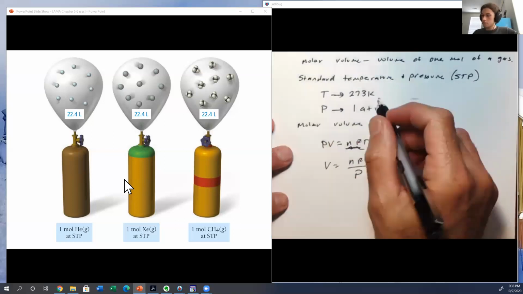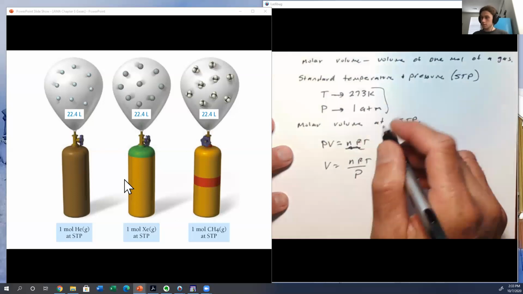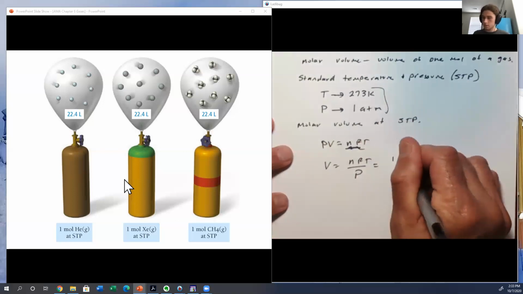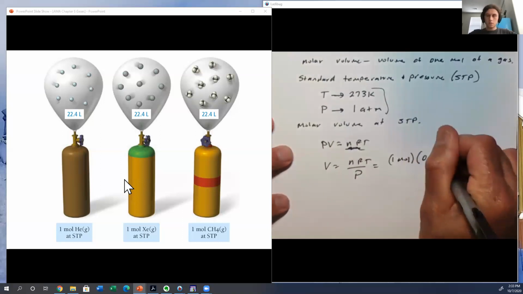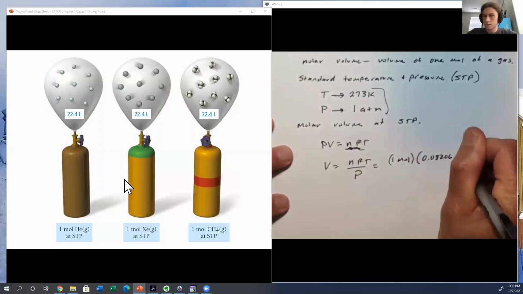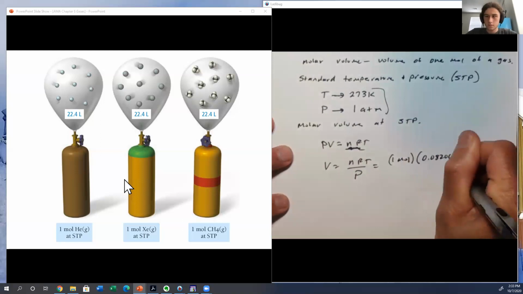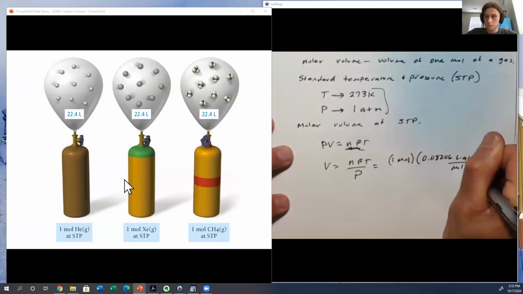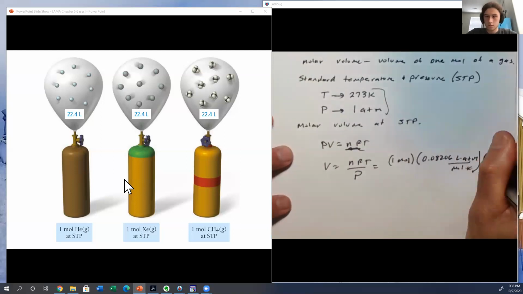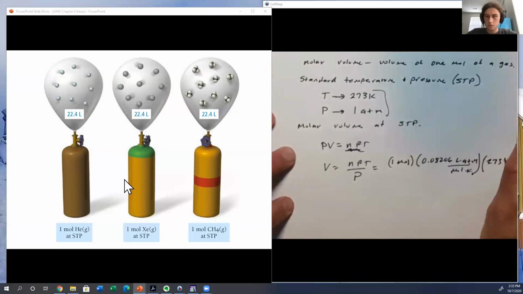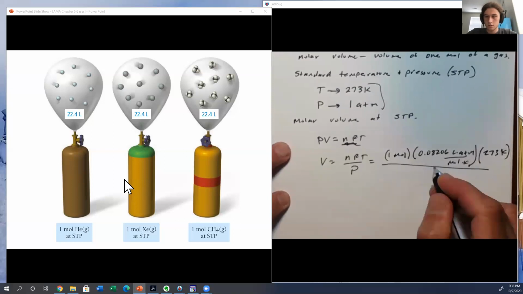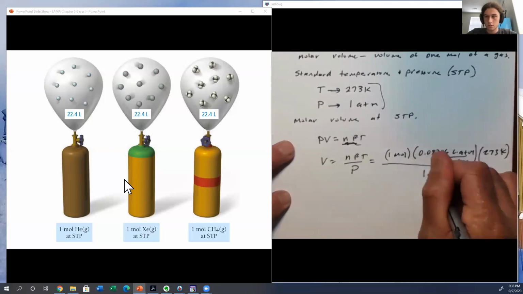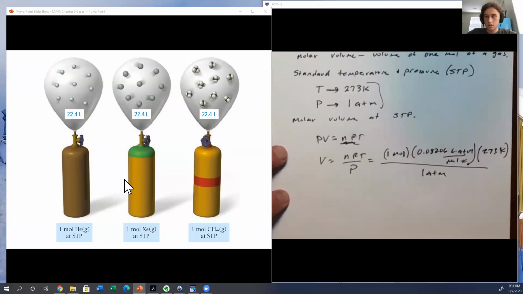So we substitute in 1 mole times R, 0.08206 liter atmosphere per mole Kelvin, times the standard temperature, 273 Kelvin, and we divide all that by the standard pressure, 1 atmosphere.